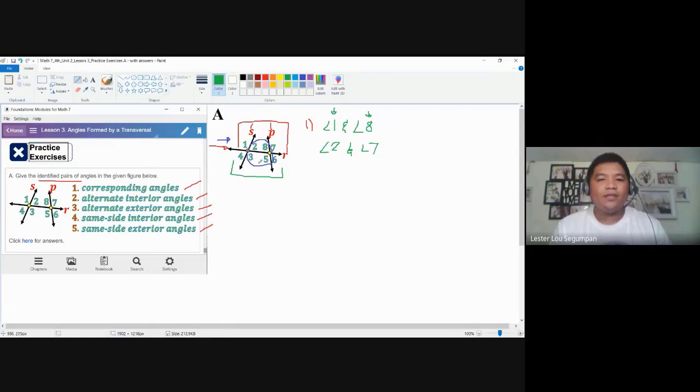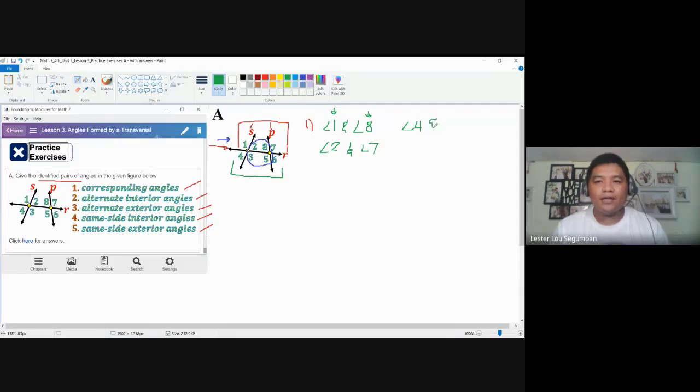But we still have other angles found on the other side of the transversal. So if we're going to pick angle 4, its corresponding angle must be non-adjacent, and since it's an exterior angle, it should be on the interior of the figure and on the same side.